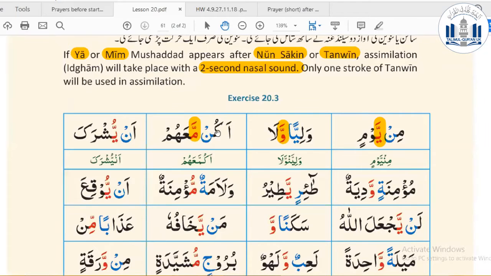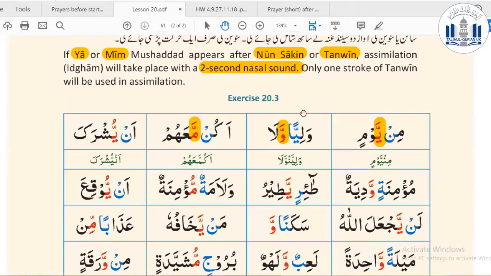I would straight away join the kaf to the mim, but I must hold that sound of the meem in my nose for around 2 seconds. Kumma. Kum.